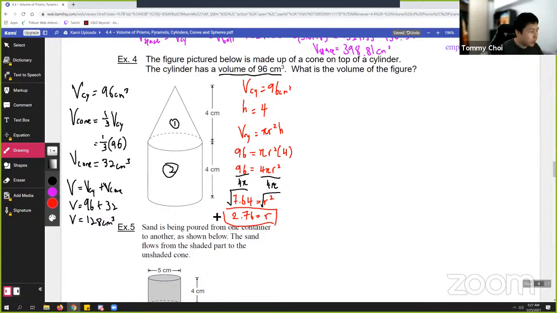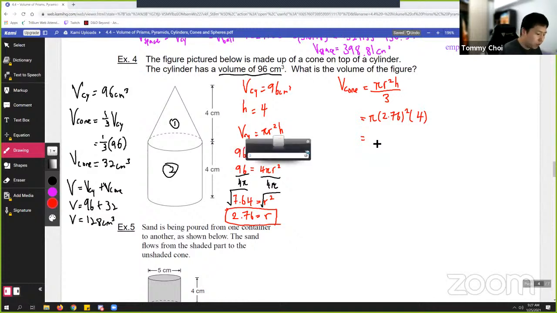We now have the radius, and so now we can plug this into our volume for cone formula. So the volume for the cone is pi r squared h divided by 3. Plugging it in, pi times 2.76 squared times 4. Then we multiply it out.